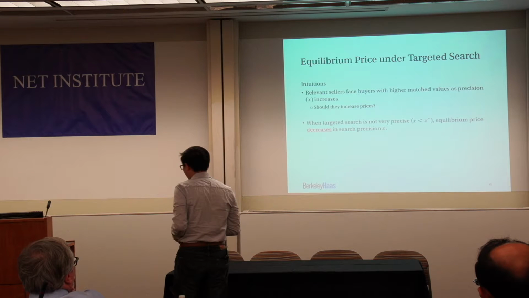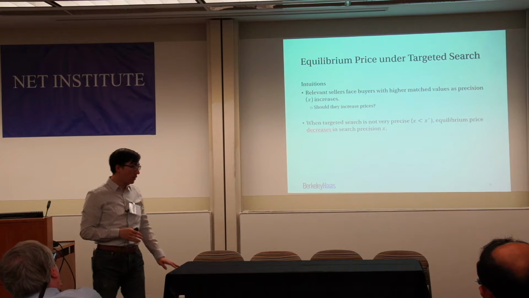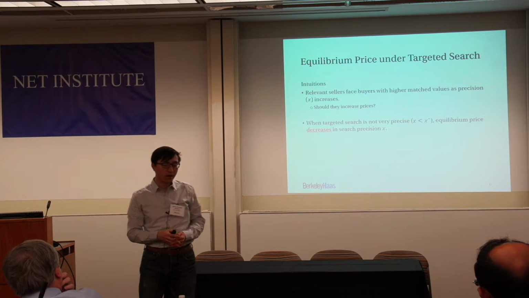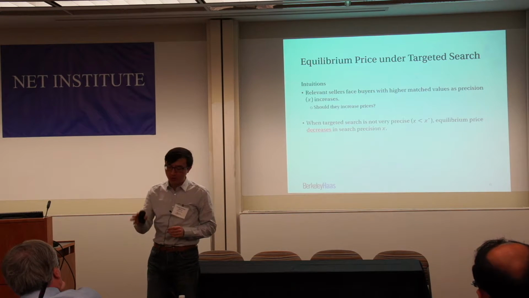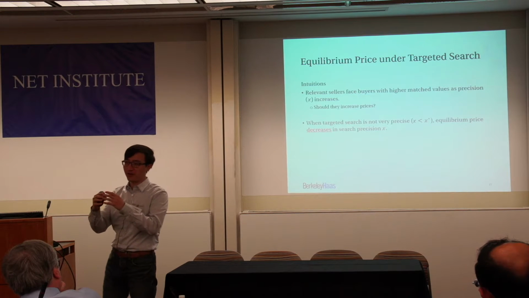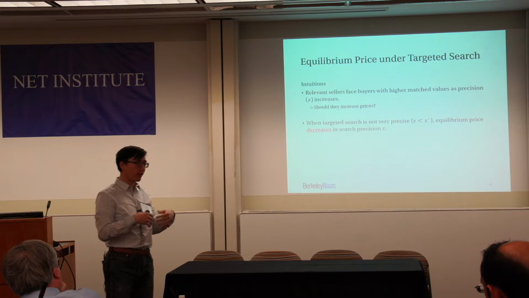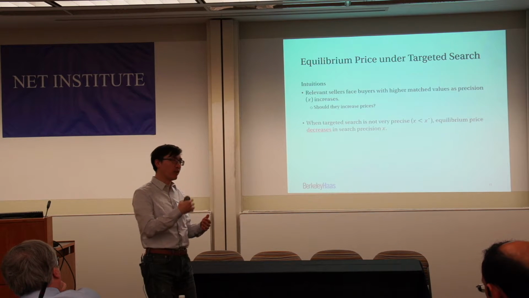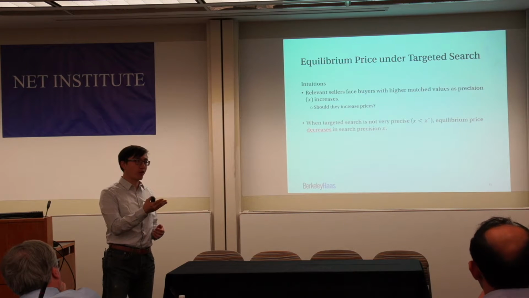Why? Because there is another effect, which is that price is actually not determined by how good a match consumers are getting. Instead, price is determined by the competition between sellers, right? And essentially, sellers can have a margin because there is a search friction, which leads to less than perfect competition.